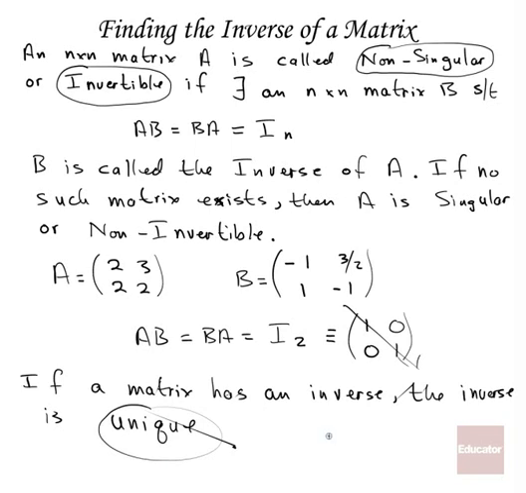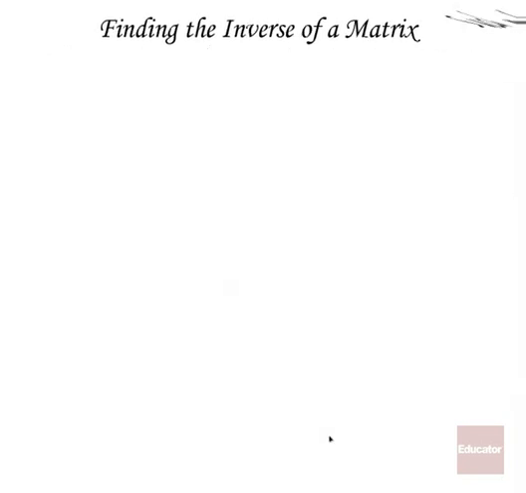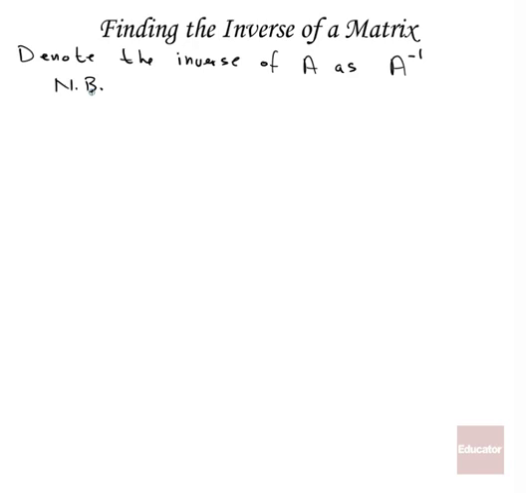Okay, let's talk a little bit about notation. We want to denote the inverse of A as A with a little -1 as a superscript. Nota bene, which means notice this very carefully, this is symbolic.